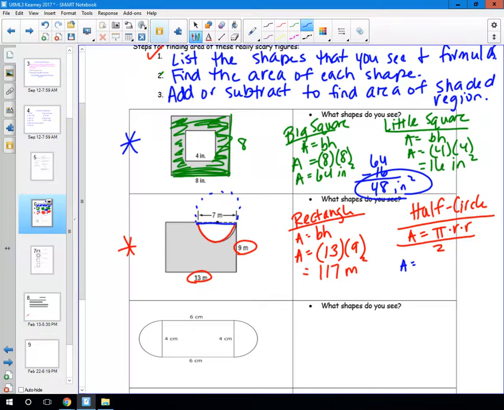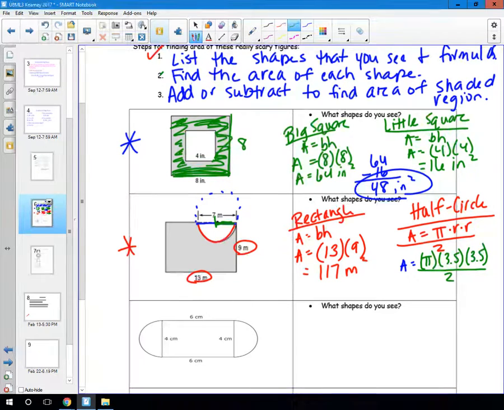So if I need to find the area, I need to do pi times radius times radius. So if my diameter is 7 and my radius is only half of the diameter, what would my radius be? Good, 3.5. So pi times 3.5 times 3.5. And then, since it's only half of a circle, that's what I'm going to divide by 2.